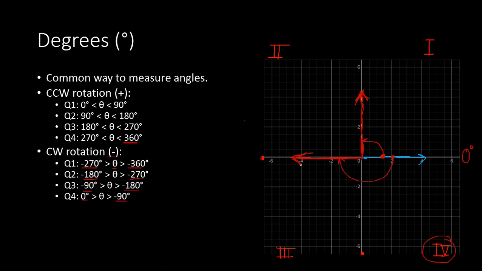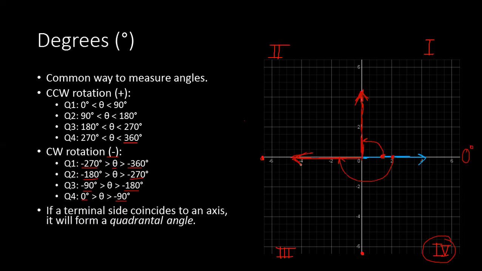These angles are neither located in the first quadrant, second quadrant, third quadrant, nor fourth quadrant. It is not located in the first, second, third, or fourth. Rather, it is located at the axis.